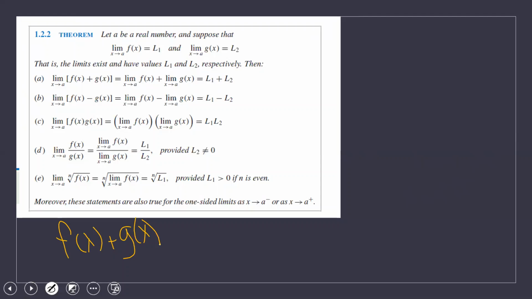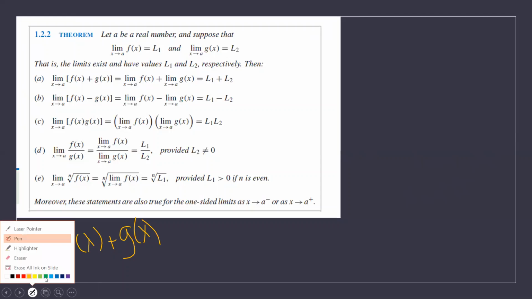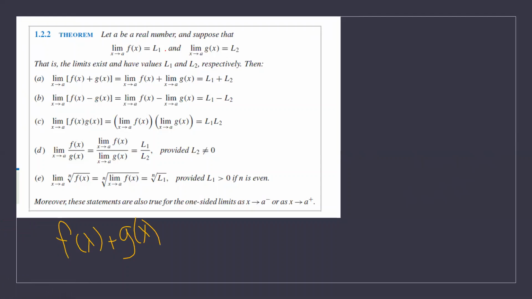We can add the limits. So let a be a real number, and suppose that the limit of f of x when x approaches a is L1, and the limit of g of x when x approaches a is L2.